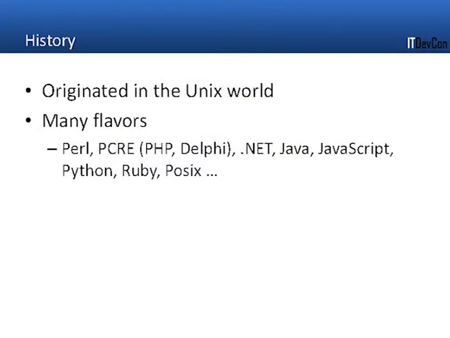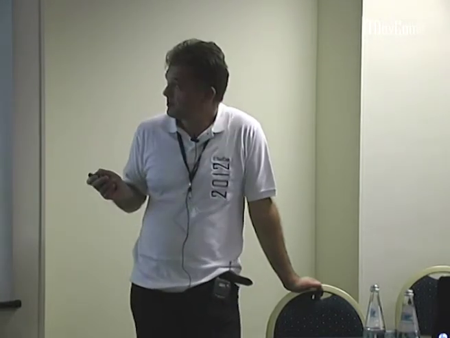So all these environments, all these languages, implement regular expression syntax, each of them in a slightly different way, with the exception of JavaScript, which does it quite differently, not just a little bit different. I'll be focusing on Delphi.